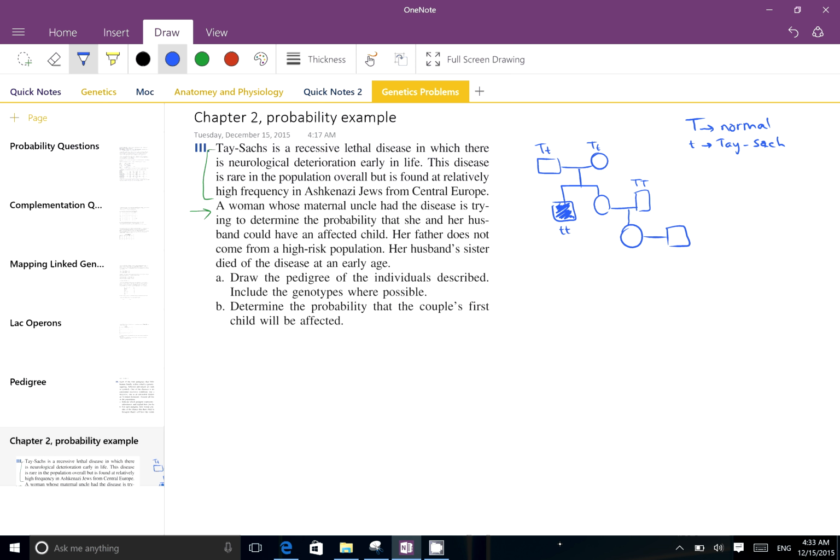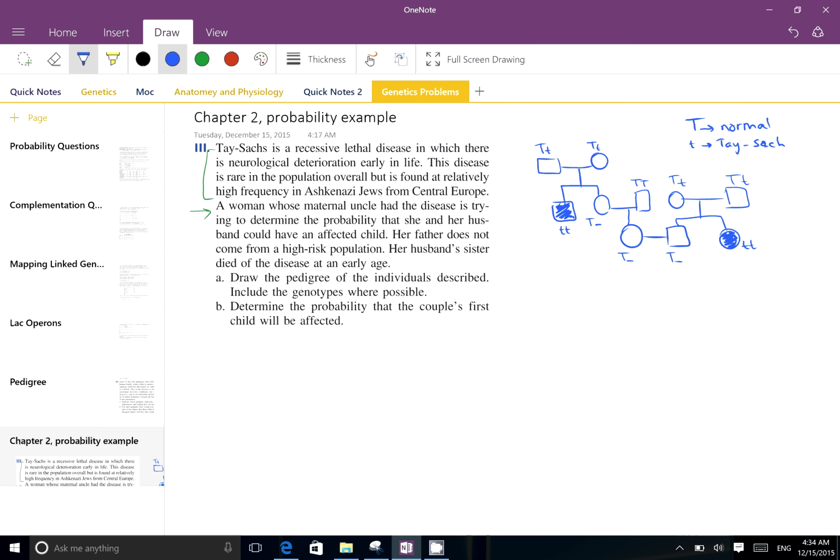Her husband's sister died of the disease at an early age. So her husband's sister had it, which means that their parents were carriers for it. Since she is normal, her husband is normal, and her mom is normal, we're not sure if they're carriers for the disease though.